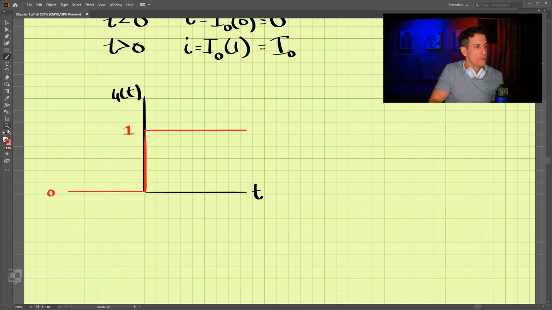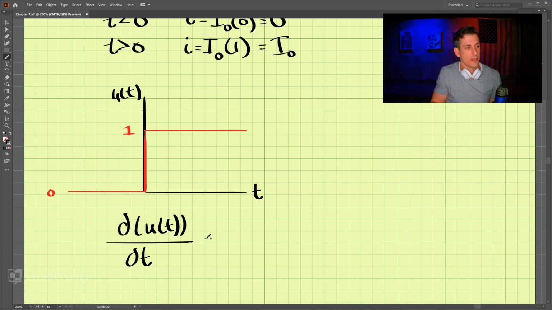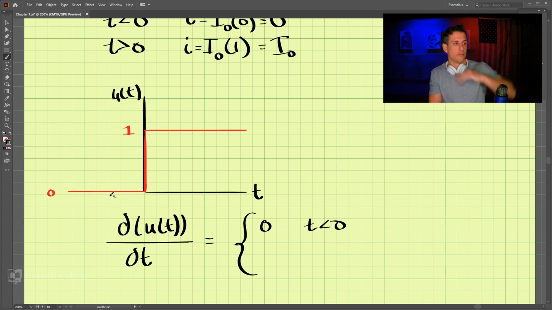So we can also use the derivative of the unit step function. If we take the derivative, it is 0 when t is less than 0. The slope of this line is exactly horizontal, so the slope is 0. So the derivative is 0.